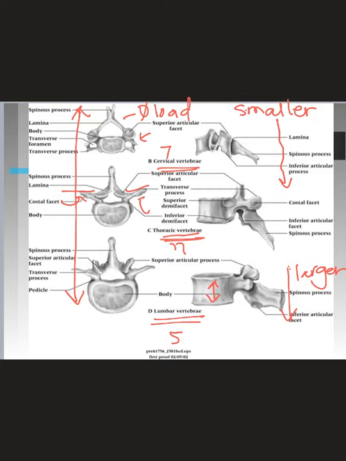The last thing I want to draw your attention to are 2 items. The first one that you see here is what we would call a spinal arch. These spinal arches are responsible for receiving the spinal cord, so it's where that spinal cord is actually going to sit.